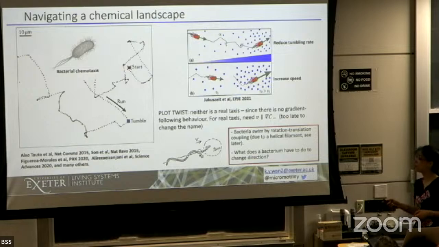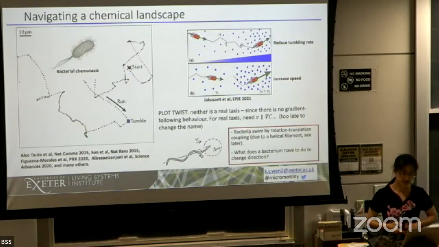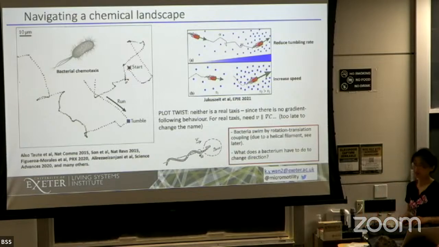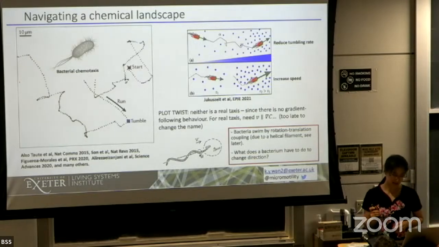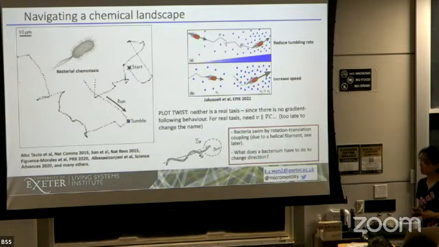By modulating the probability of these tumble events, it's thought that the cell can effectively move towards the gradient. But actually, if you think about it, this is not a real taxis in the sense of a gradient following strategy. But I think it's too late to change the name now.